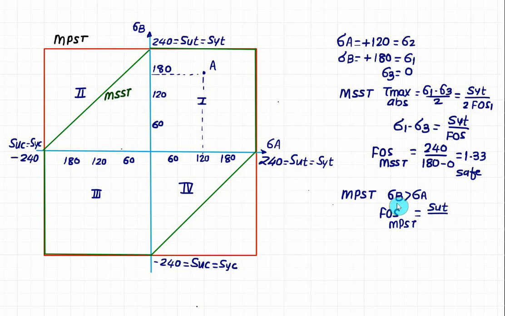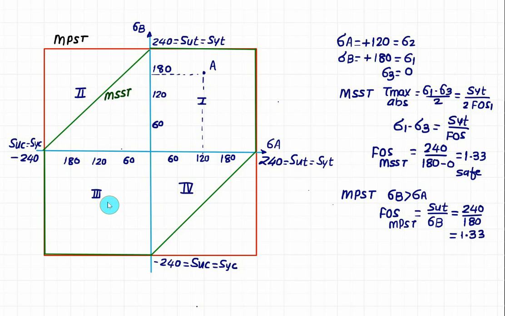The largest principal stress here is sigma B. This guarantees the lowest value out of these two will be equal to 240, and sigma B is equal to 180. So this gives the same answer, that is equal to 1.33.